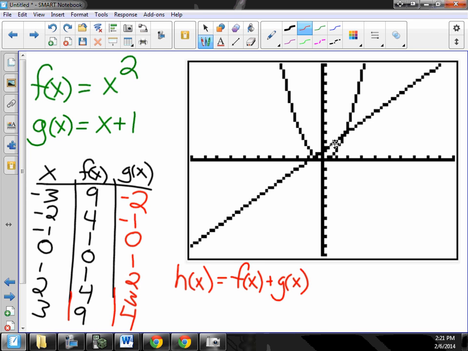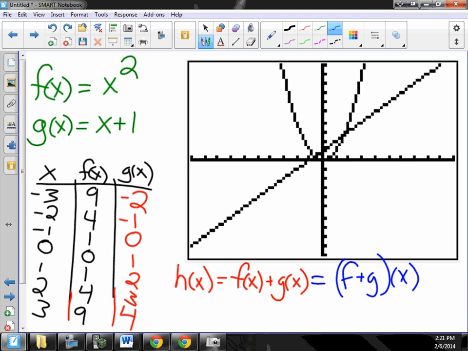So if I take function f and add it to function g, I want it to have a name that's similar to f plus g. So this is going to look a little strange to begin with. I'm actually going to call this function f plus g of x.